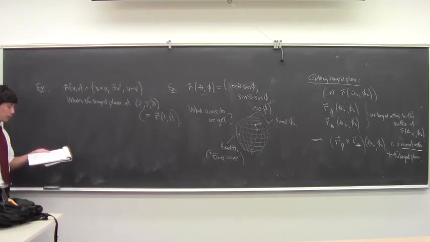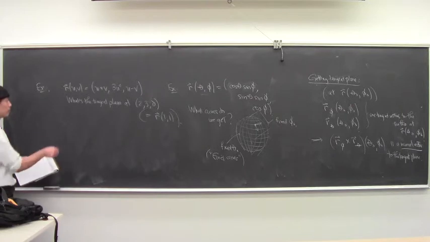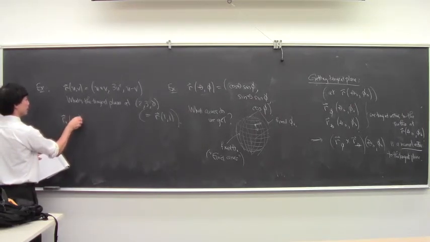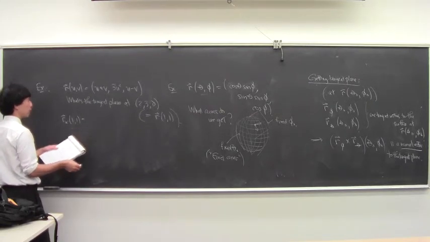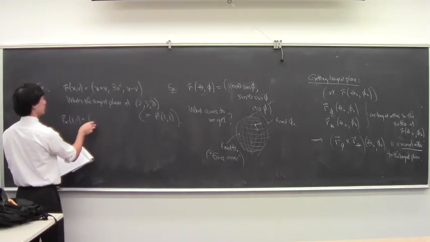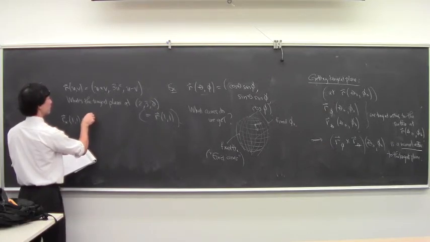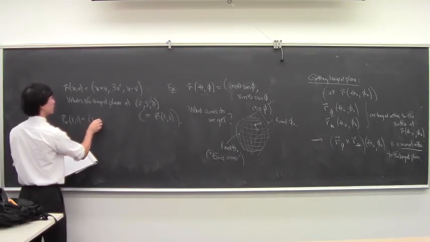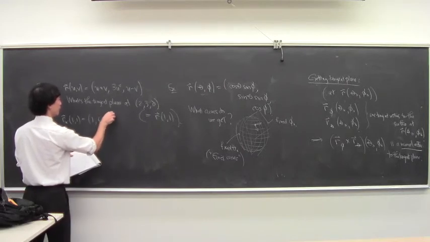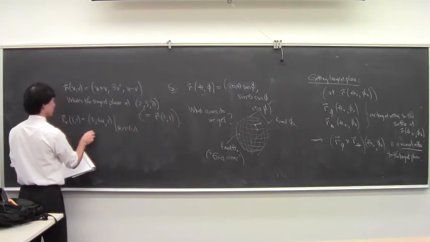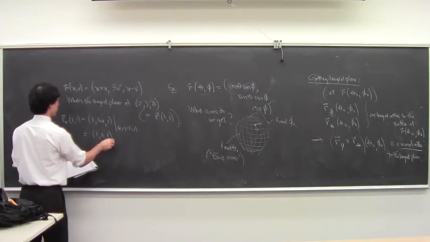You say, well, all you need to do is take the partials at 1, 1. So you take the partial with respect to u. That's going to be 1, 6u, 1, and you evaluate it at 1, 1. That's going to be 1, 6, 1.